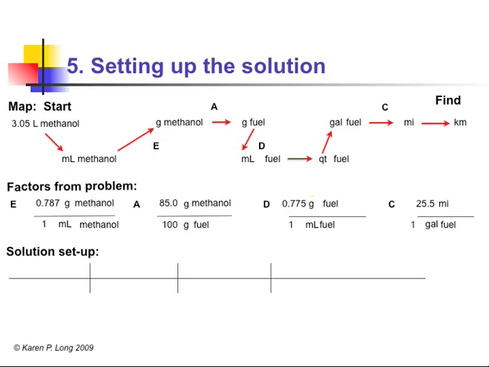Now we will set up the solution. You notice here we have the map across the top of the page, the factors from the problem, and then the solution setup. The crosshatches on the solution setup are instead of the times sign for multiplying the factors. Notice in the factors list we are missing two factors, factor B and factor F. We didn't need those factors.